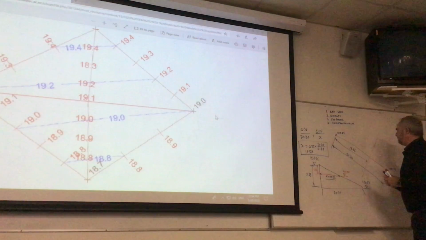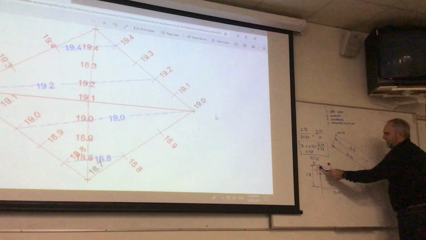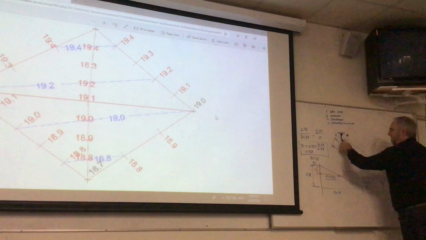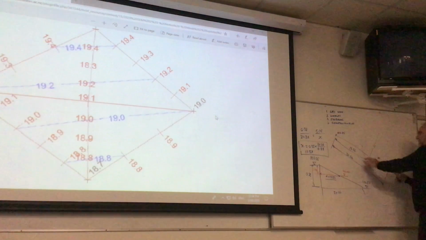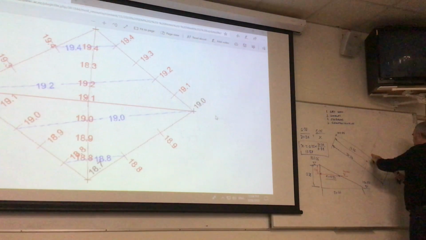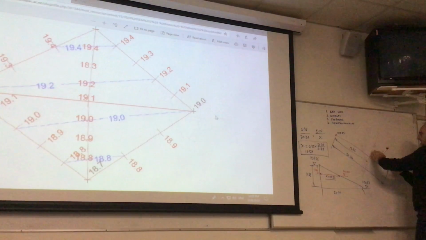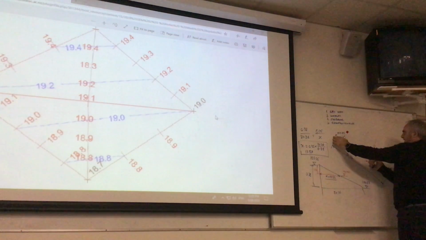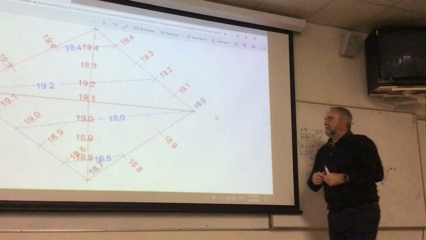Okay? Because we put the triangle at the top, coming backwards from 101. And when you think about it, the difference between these levels is 0.25 here and 13.13 that way. So it's always going to be a longer distance that way than it is that way. That's the calculation method.